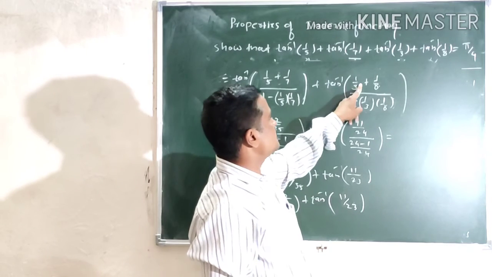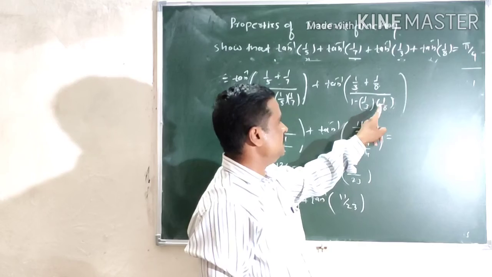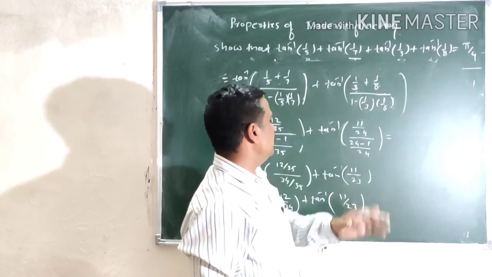Tan inverse of x plus y by 1 minus x into y.